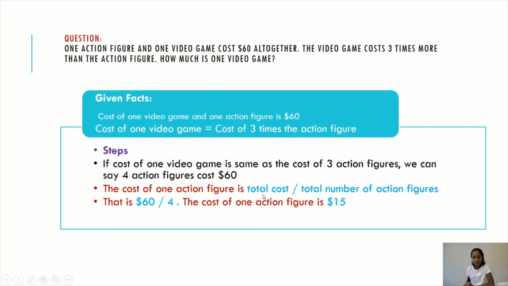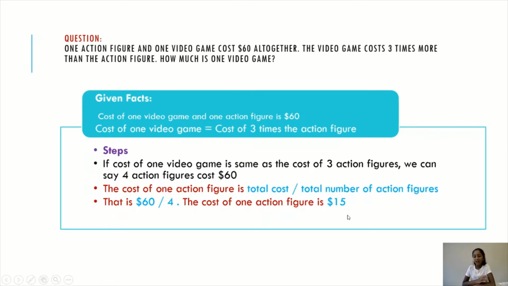So that would be 60 divided by 4. If you divided correctly, you should have got that 60 divided by 4 equals 15. I hope all of you got 15.